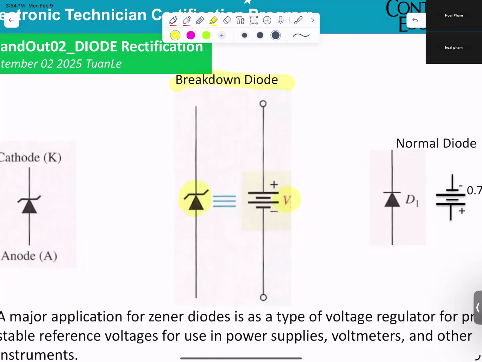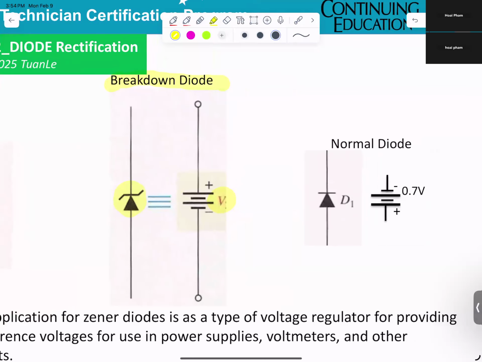We already learned. When the voltage on top of the Zener is higher than the breakdown, it cuts it down. And also, a Zener can work like a normal diode, like the diode we already learned. If it's on, substitute it by the battery. That's it.